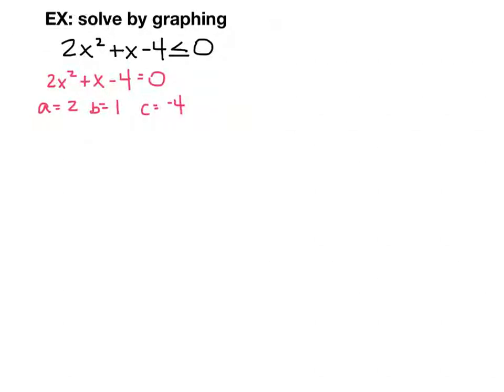Okay, so I'm plugging all of this into x equals the opposite of b plus or minus the square root of b squared minus 4ac, all of it divided by 2a.